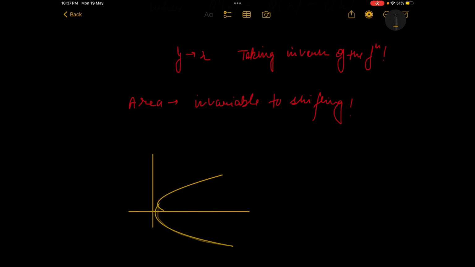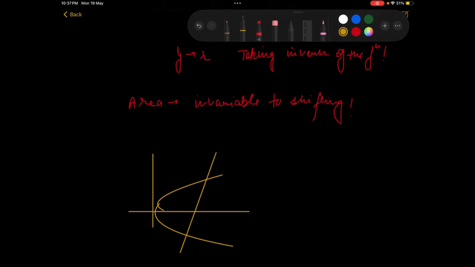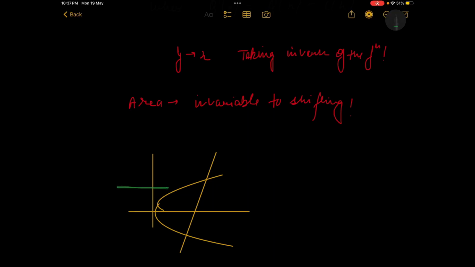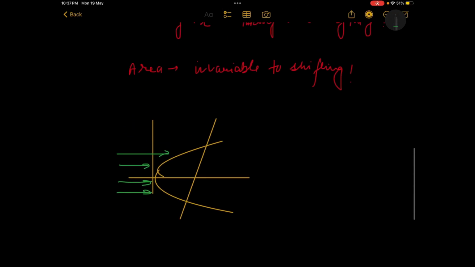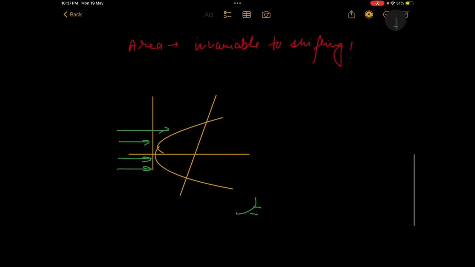this is the chord, and now what I've done is I'm seeing from here. Rather than seeing from here, if our eye is located from here, I see the curve to be y squared is equal to x.